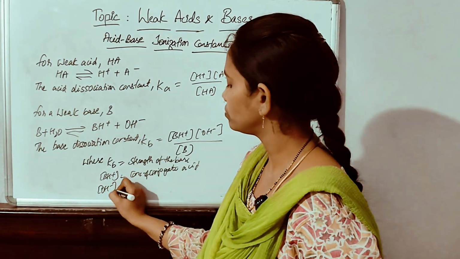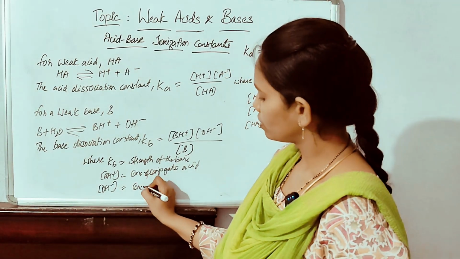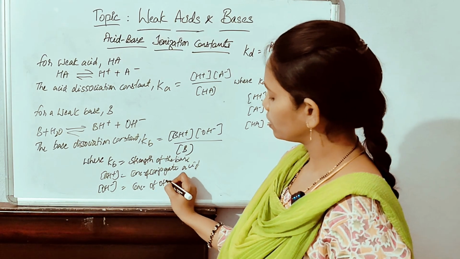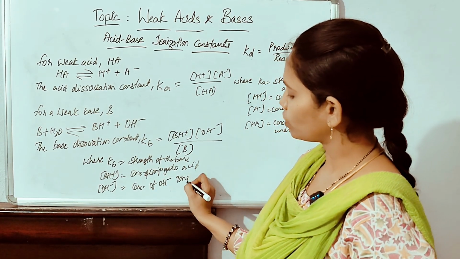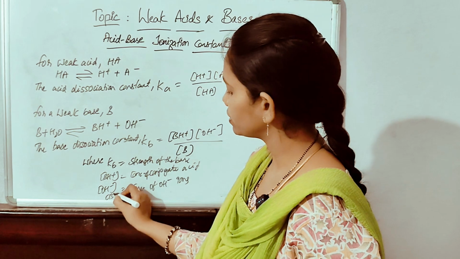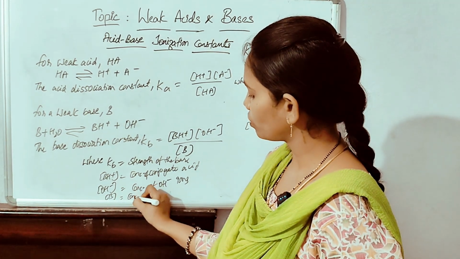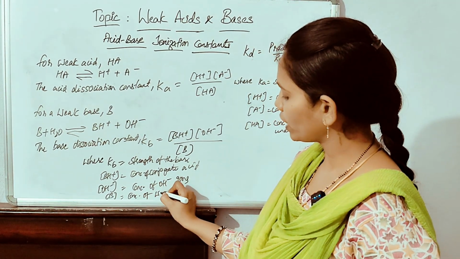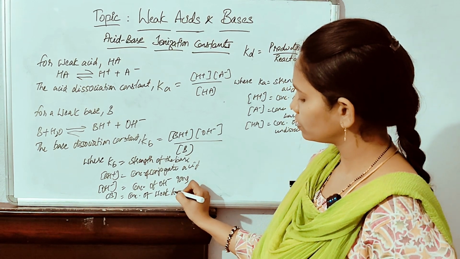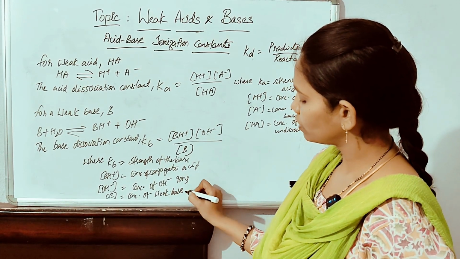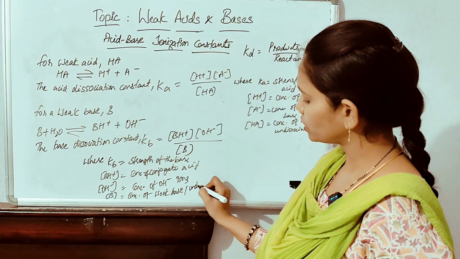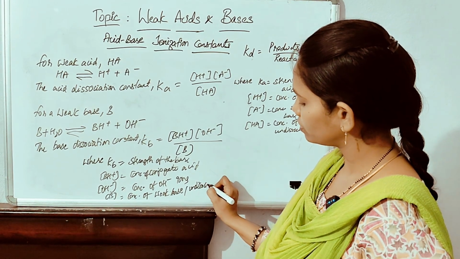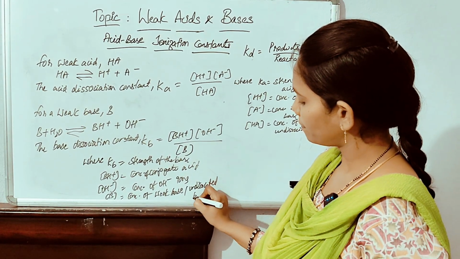OH minus is the concentration of OH minus ions. And B is concentration of weak base or undissociated base.